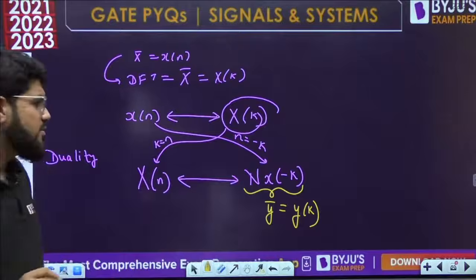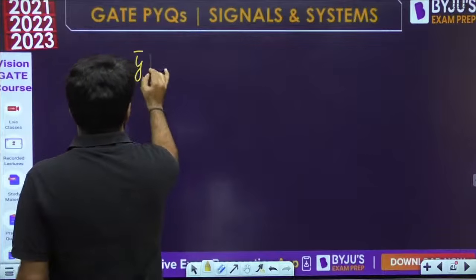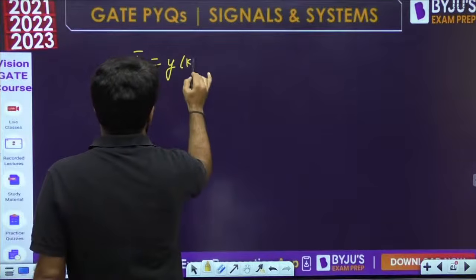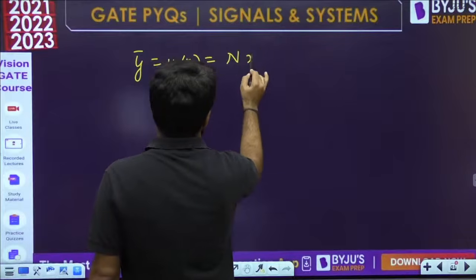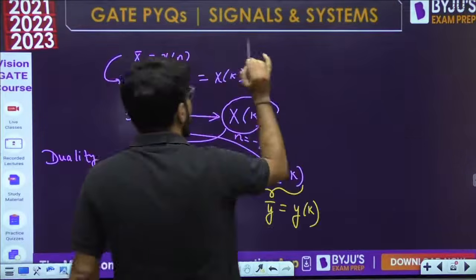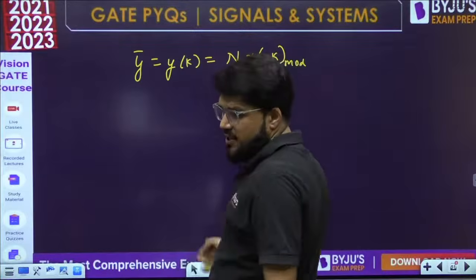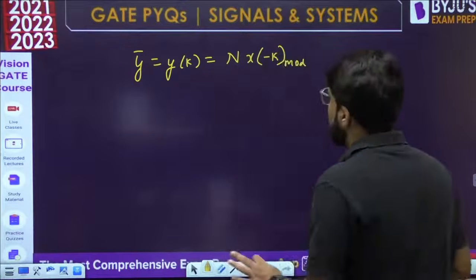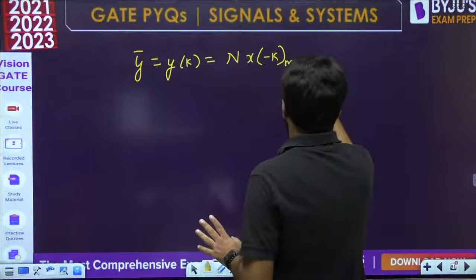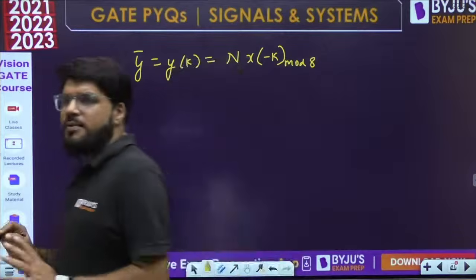So the y dash, or yk, is nothing but nx of minus k. Now folding here means of course circular folding. Folding in DFT domain means circular folding.